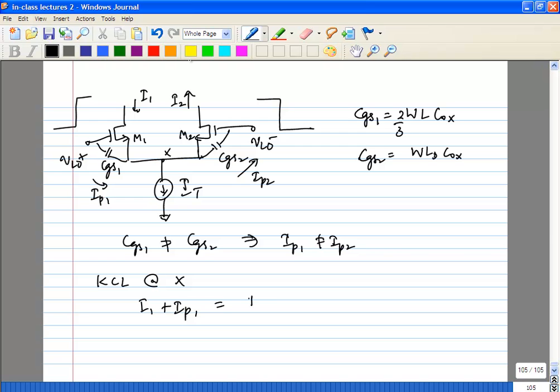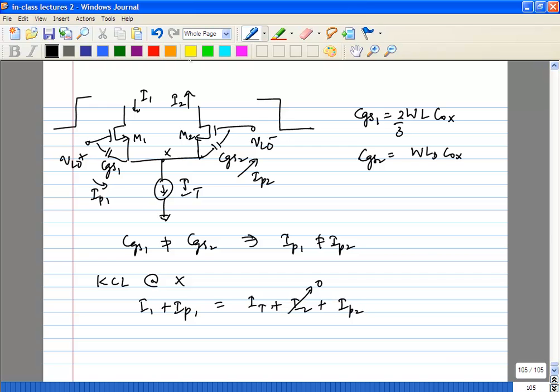The currents going out are IT plus I2 plus IP2. Okay. So now we can do one thing, because M2 is turned off, we can approximate I2 will be 0 because M2 is turned off.